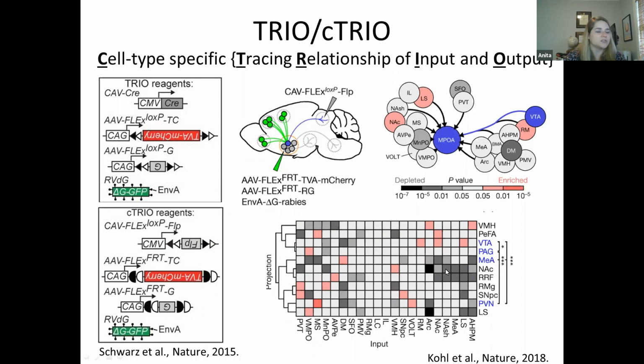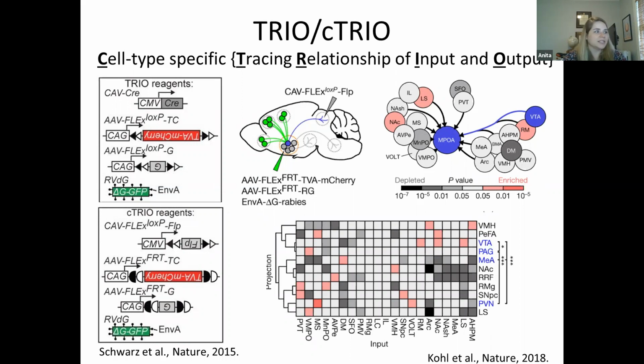In some cases you get enriched or depleted inputs based on a specific projection, which means that there are certain inputs that are biased toward projecting to a certain output. In the case of these neurons, there were some that were significantly different from total rabies tracing, but across all these different projections that were examined, maybe half of them have significantly different input.